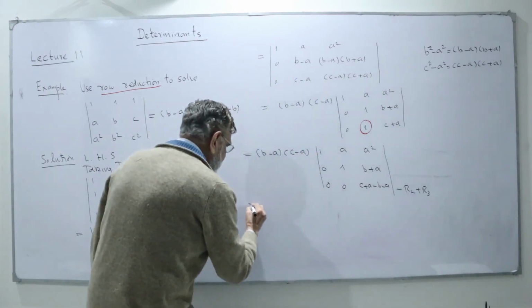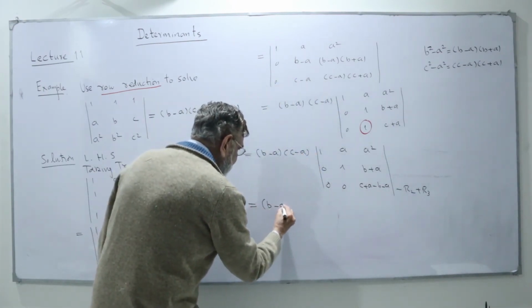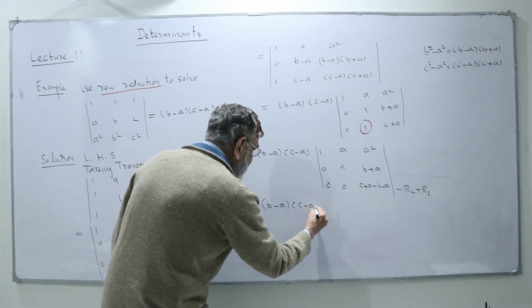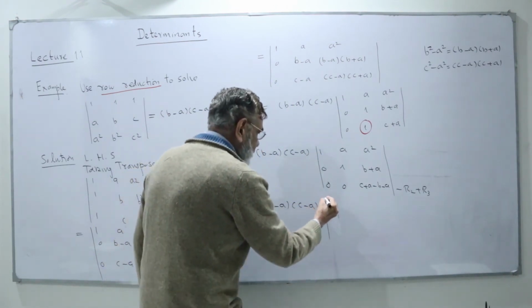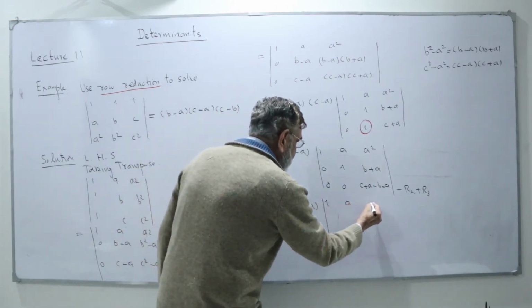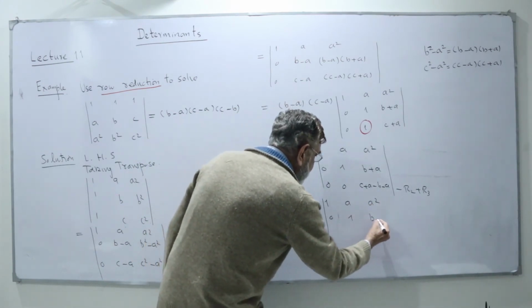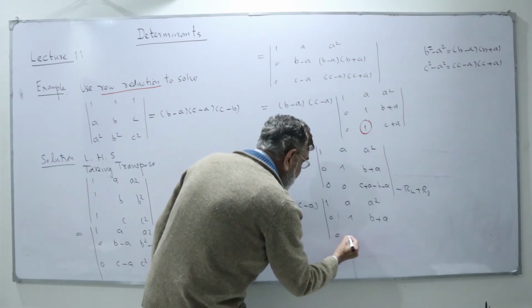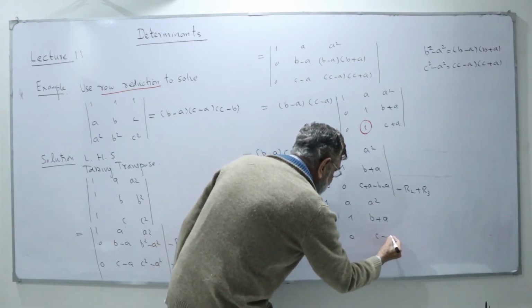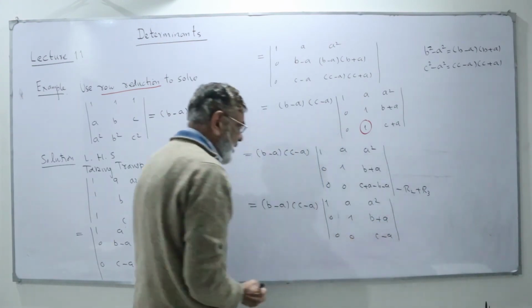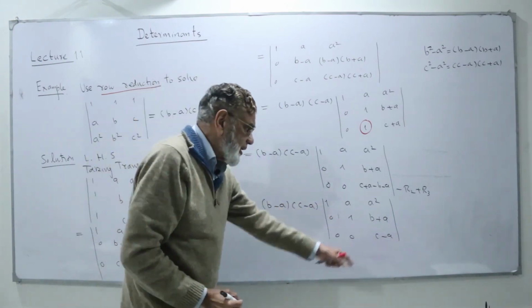Simplifying this one, I'll get B minus A, C minus A, times 1, A, A square; 0, 1, B plus A; 0, 0, C minus B. So it's my upper triangular form, and the determinant is just the product of the diagonal elements.